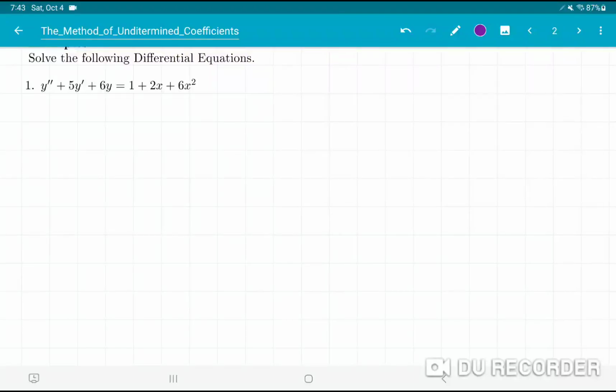Okay, so we're going to do this problem as our first example. We have this non-homogeneous differential equation. The homogeneous differential equation associated to this is y double prime plus 5y prime plus 6y equals 0.